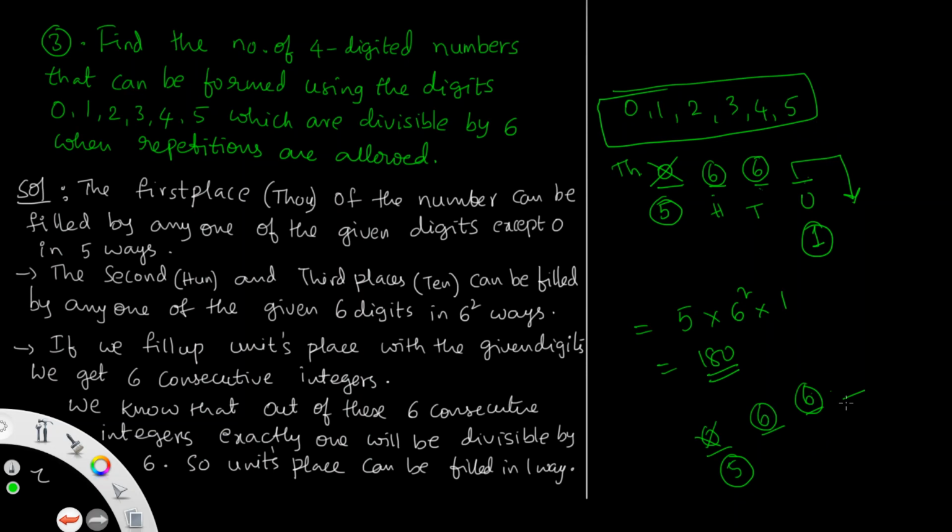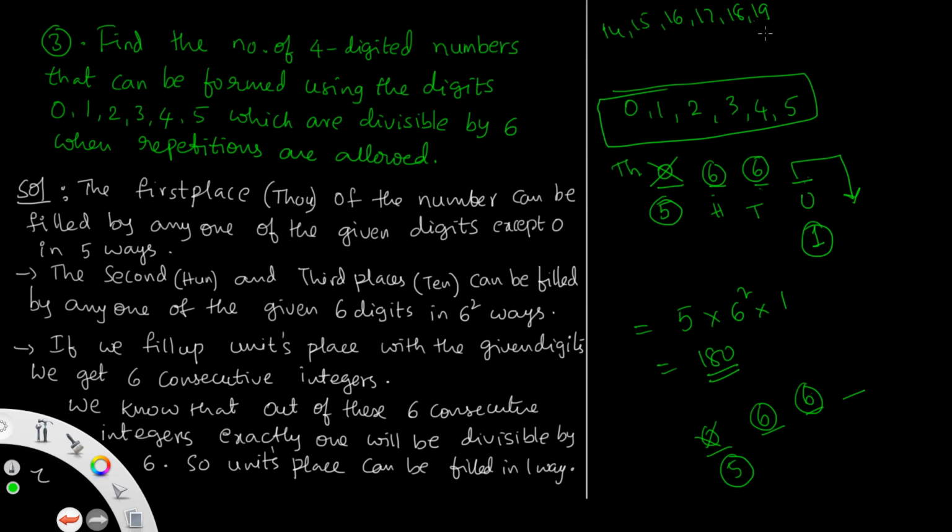For the units place, the property of the divisibility rule by 6 is: if you have 6 consecutive integers, exactly one number among them will be divisible by 6. Let us take any numbers, suppose 14, 15, 16, 17, 18, 19.